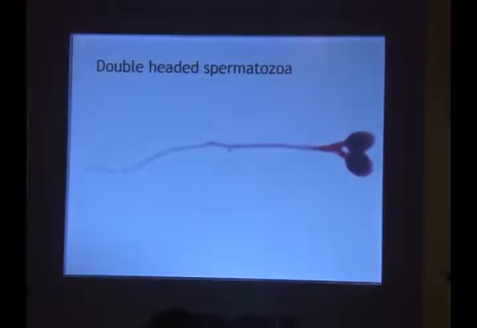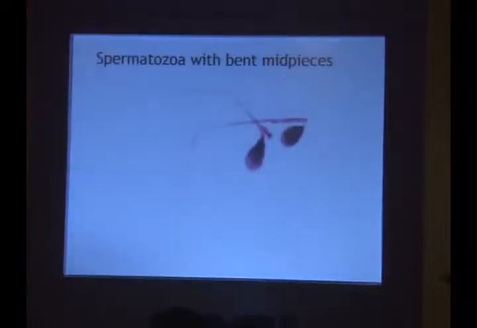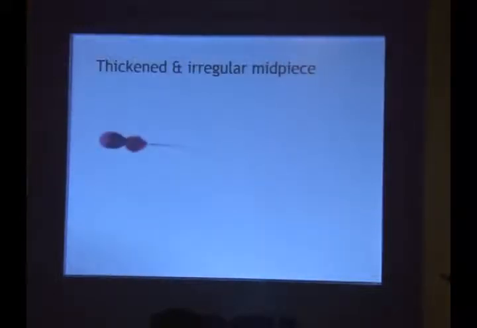This is very obvious, I need not spend time. Again, very easy to understand, everything abnormal about them. This is midpiece disorders, so they are all bent. Now see, this is a midpiece abnormality because the size is almost equaling the head.